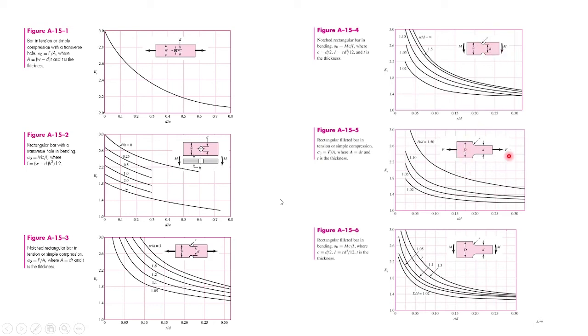This is a very common problem in shafts. Usually shafts in gearboxes are made up of stepped diameters, meaning I have a large diameter going to a small diameter through a fillet of R. This is if the shaft is subjected to axial load and this is if it is subjected to bending, and so on. So we have many of these curves that cover all types of geometrical discontinuities and all types of loads. Alright?